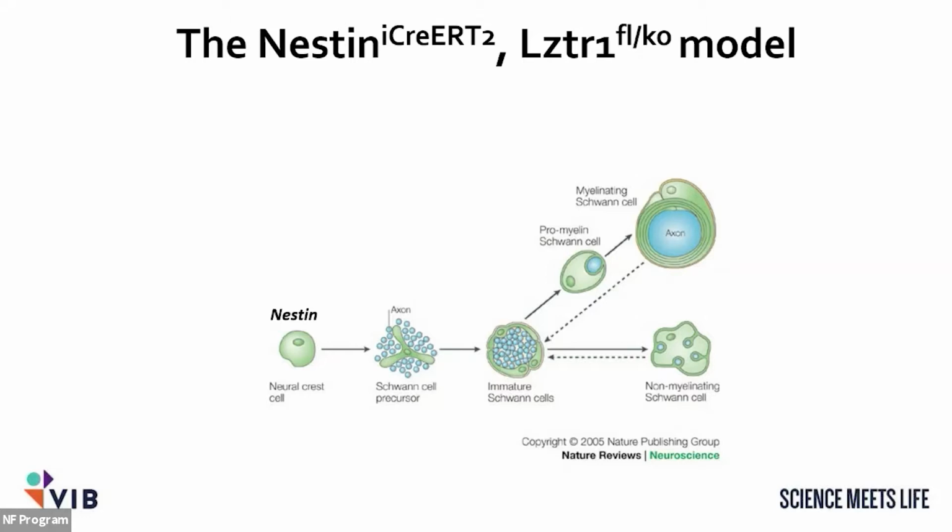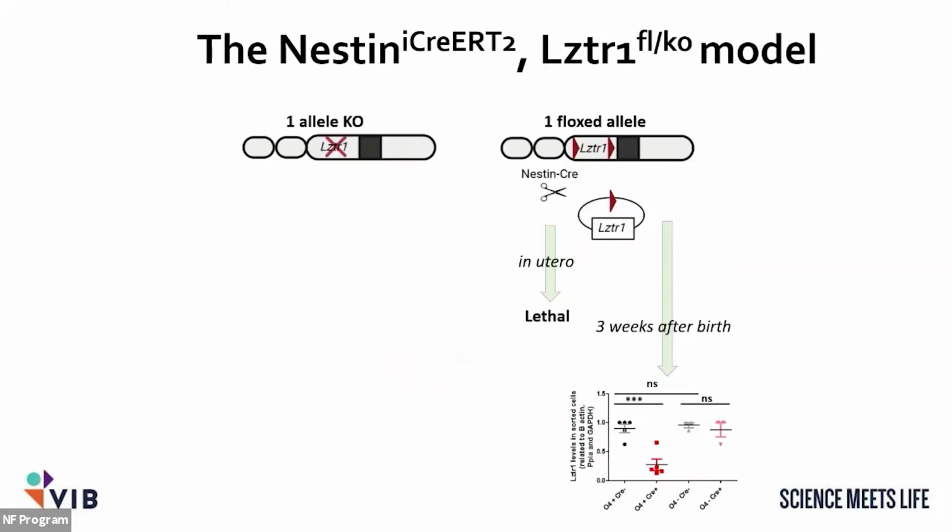And as a first model, we used a tamoxifen-inducible Nestin-Cre system. Nestin is expressed quite early during development in neural crest cells. And we generated mice in which one LZTR1 allele was completely deleted, kind of to mimic germline mutation of LZTR1, and the second allele was floxed.